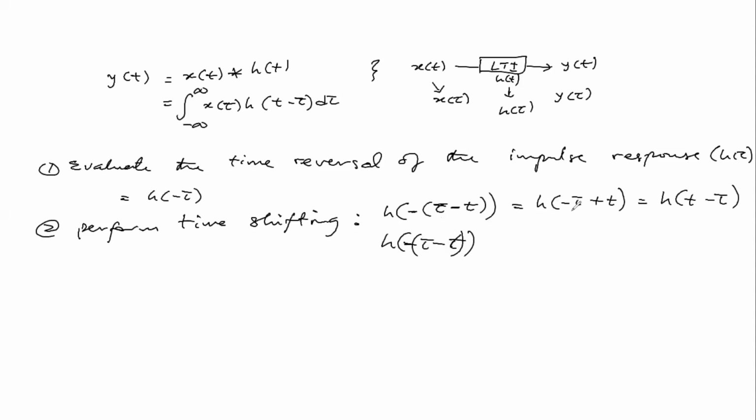So when we open this up, it is negative times this, negative times negative is positive t. So we now have negative tau plus t. Is that clear?